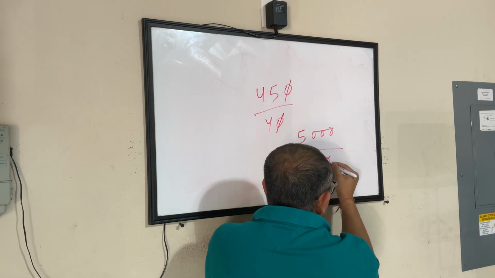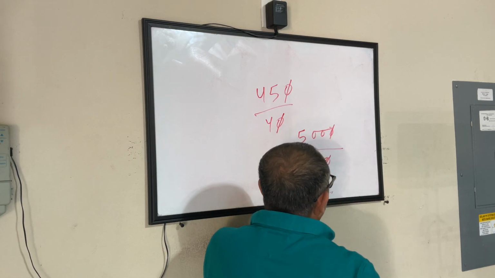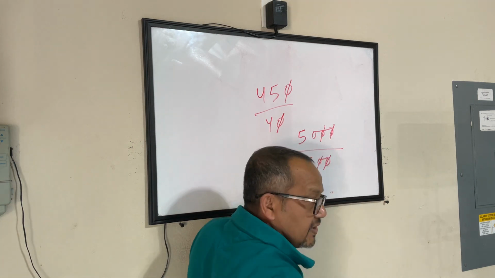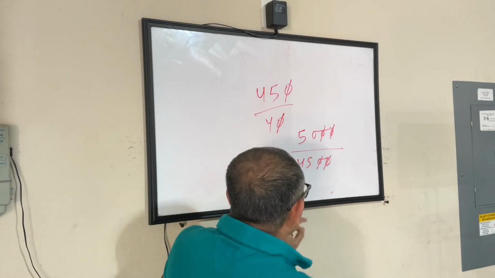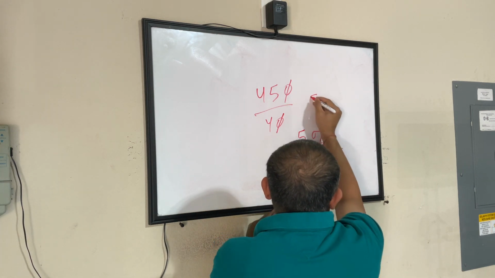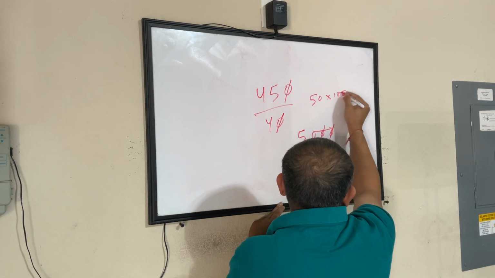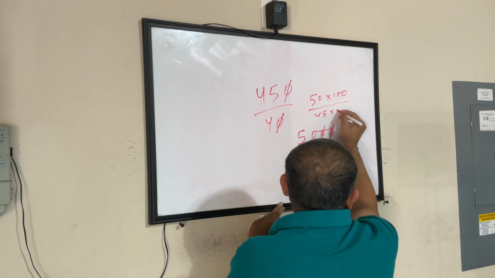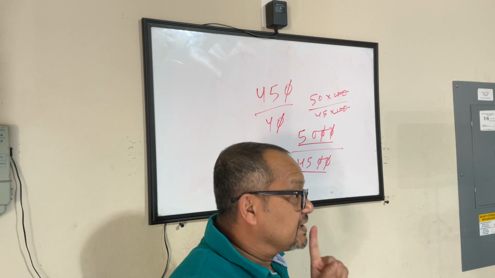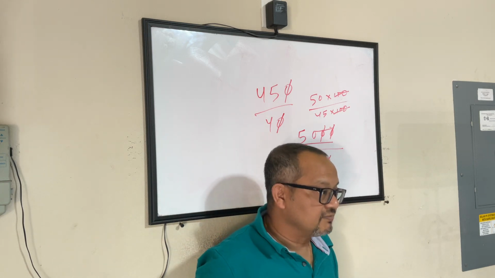Equal number of zeros is what you can knock off. 1 0, 1 0. So 50 by 45. Or in other ways, you can see, this is 50 into 100, 45 into 100. Tic-tac-toe. You do tic-tac-toe with the same numbers, not with different numbers.